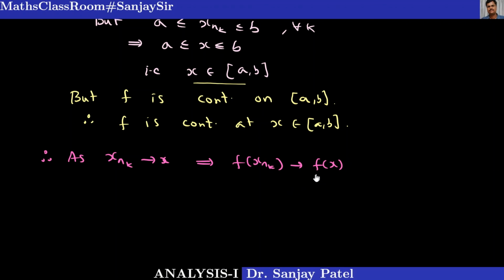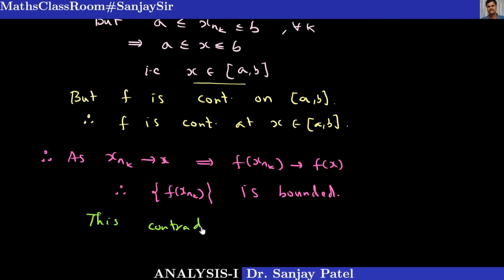If this is the case, this subsequence f of xnk, because it is convergent, is bounded. But this contradicts result number 2.